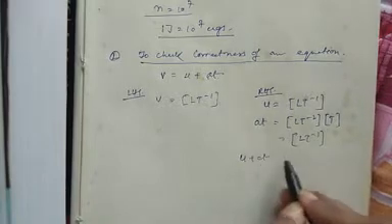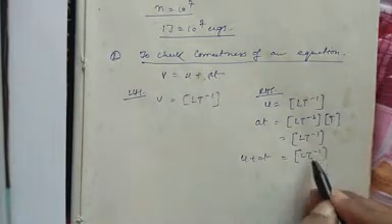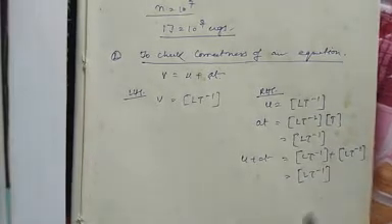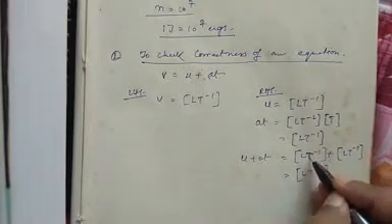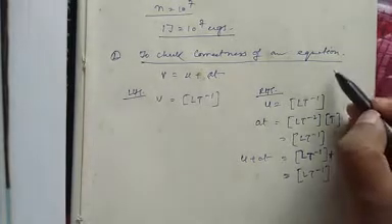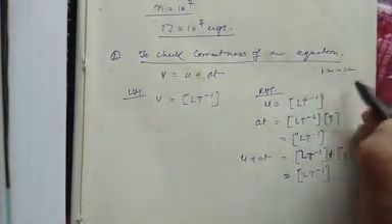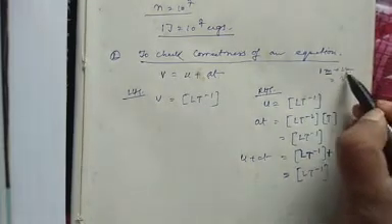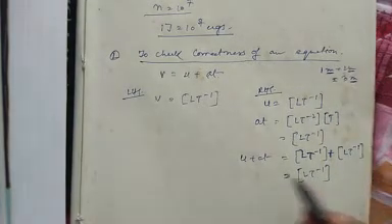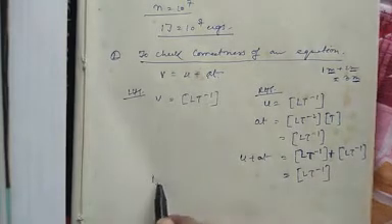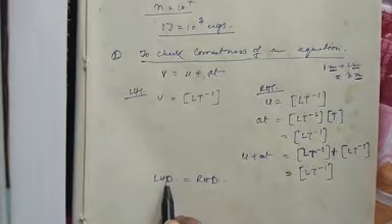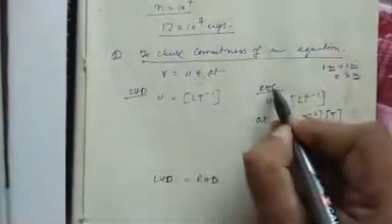So U plus AT becomes LT⁻¹ plus LT⁻¹, LT⁻¹. Now LT⁻¹ does not become 2LT⁻¹, because suppose 1 meter plus 2 meters is 3 meters. This is meter, this is meter, and the answer is also in meters. So proved LHS equal to RHS, or left hand dimension is equal to the right hand dimension.